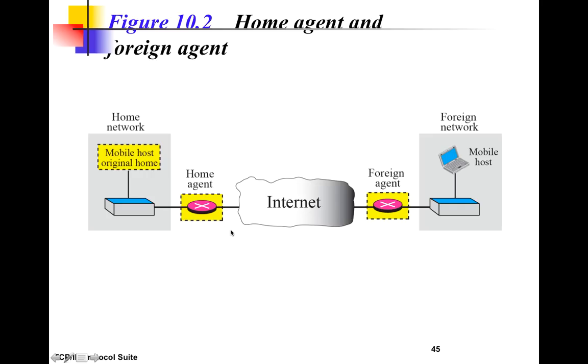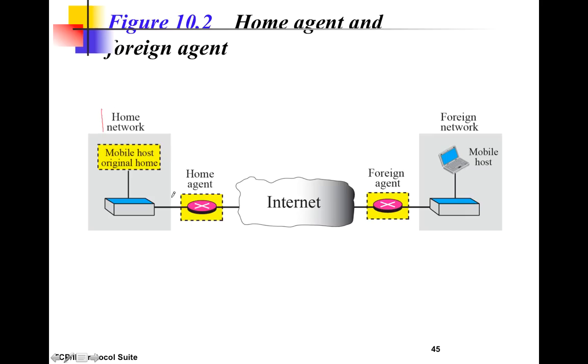So in the previous slides, we saw that the mobile device is assigned a permanent address called the home address, and it belongs to a home network, right?